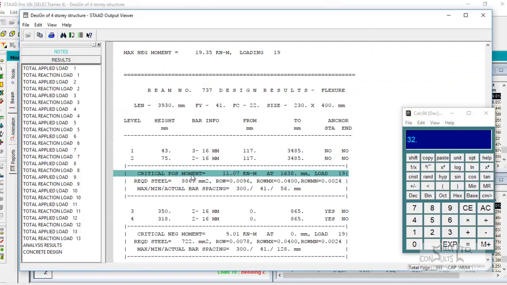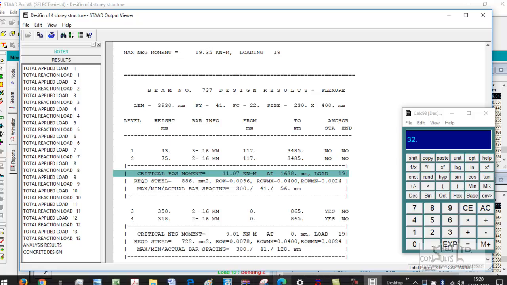And then it gives you the moment that is causing that. So for the critical positive moment, it gives you the location where you even need this bar. It tells you that, look, this bar is not needed at this location. Look, it's needed from 0.117 to 3.485. Okay, 0.117 to 3.185. Let's see.